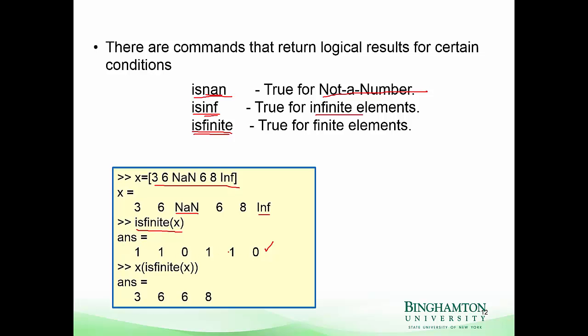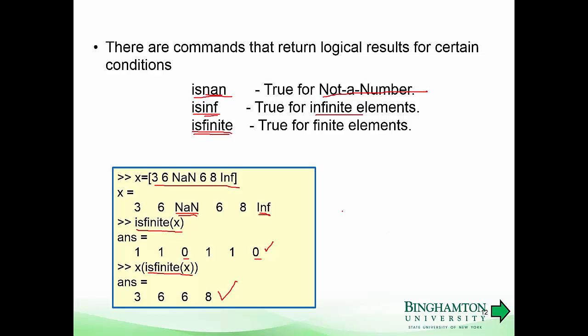Remember, this is a logical variable, so I can index with that. And you see that I get a 0 where I have a NaN or an inf. So if I put isfinite of x inside the indexing of x, it's going to extract out only the ones that are not NaN or infinite. I'll get back just the numbered values. And that's a really nice command.